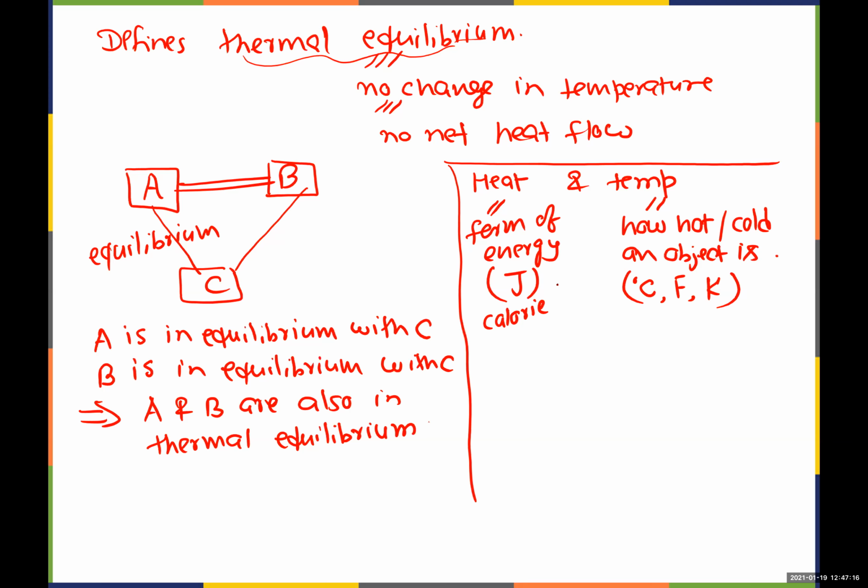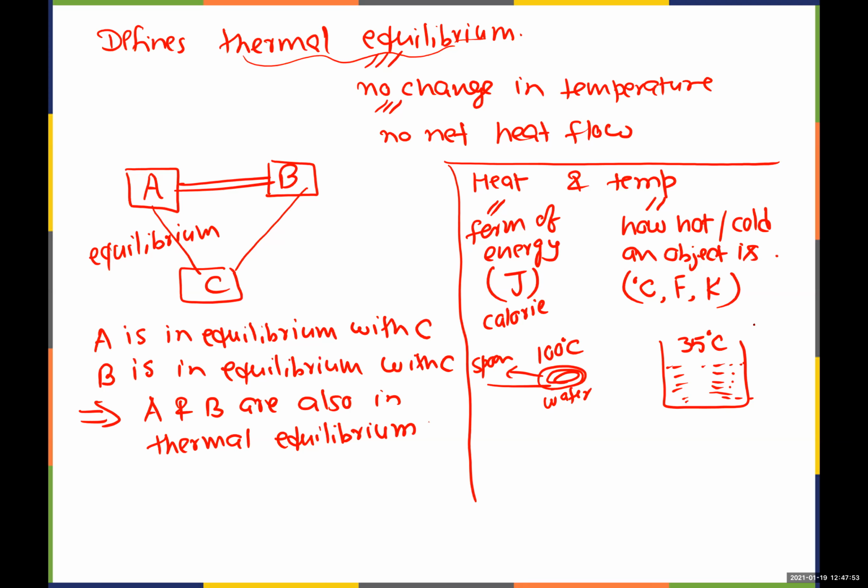Say, for example, we have a spoon with water at 100 degrees Celsius. This is the spoon. And we have a beaker of water at a lower temperature, say 25 degrees Celsius.